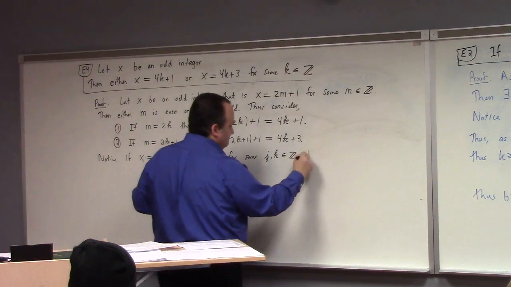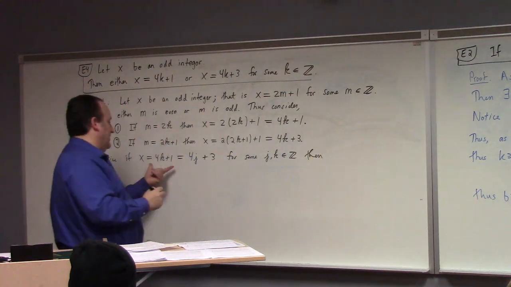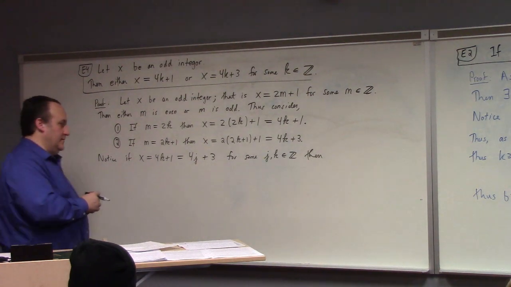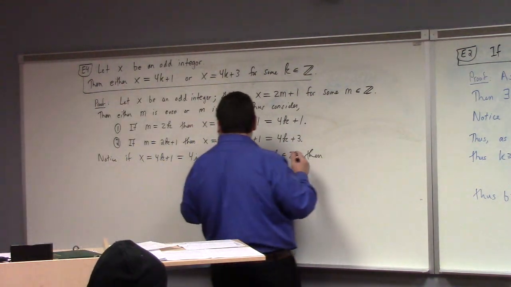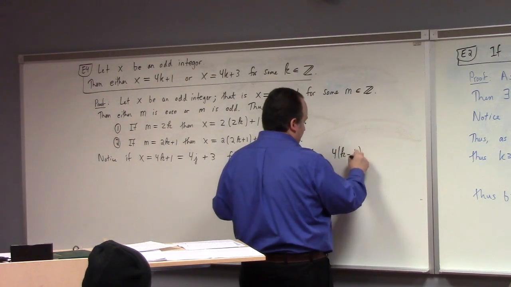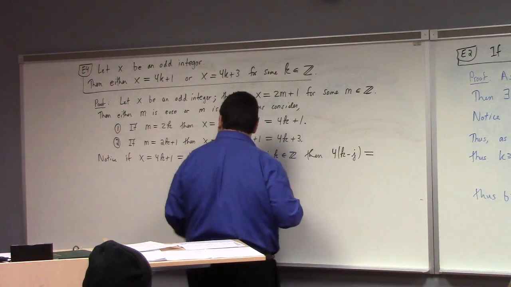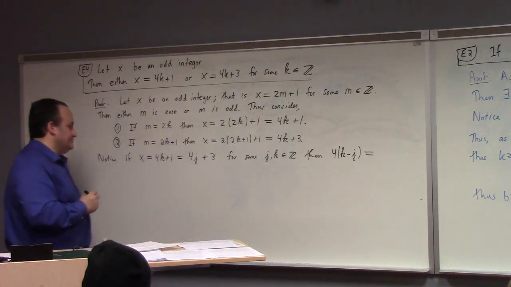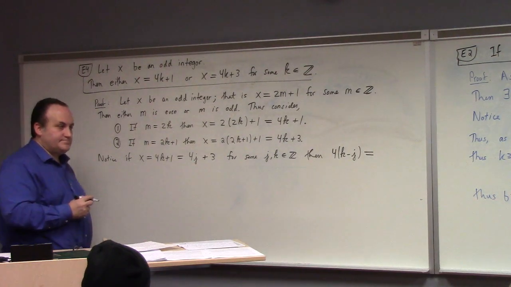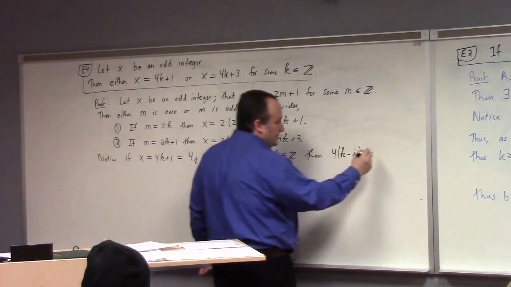Then what? What would that tell us? That would tell me 4 times k minus j is equal to what? 3 minus 1, which is 2.